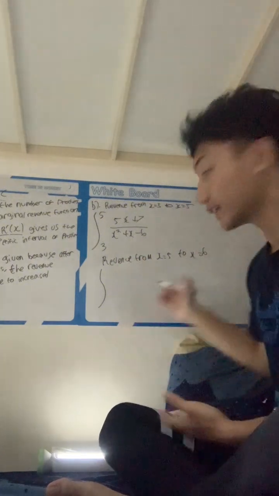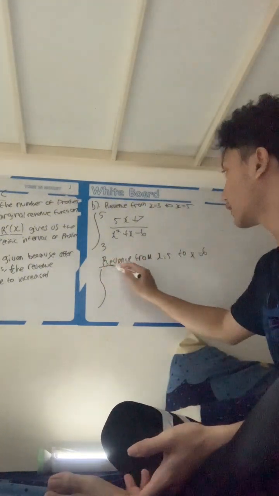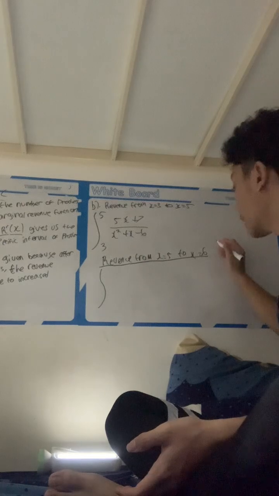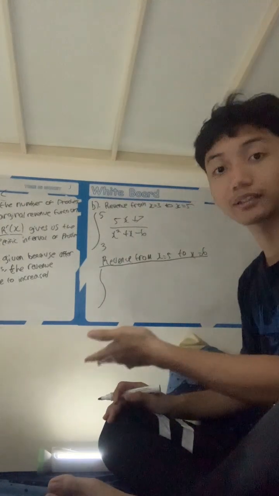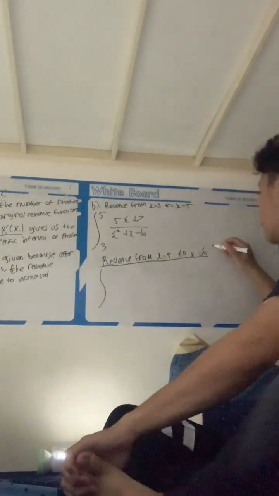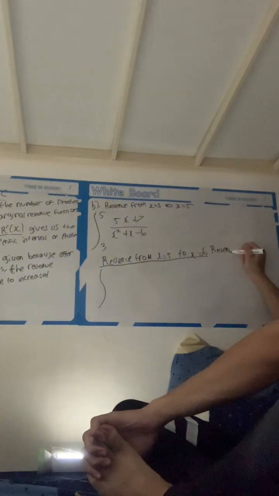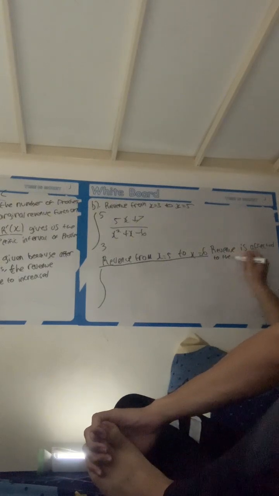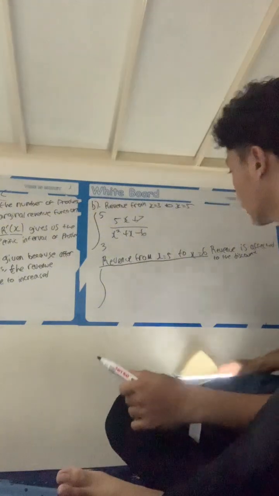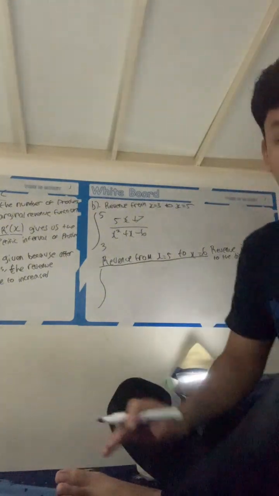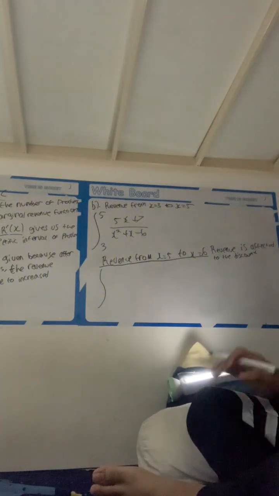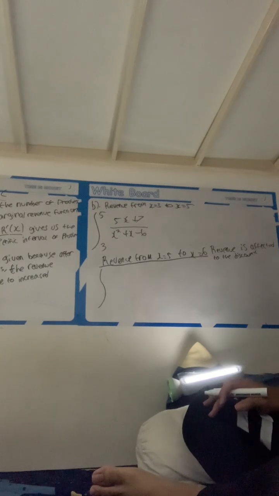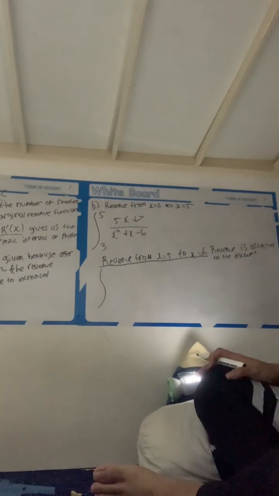But this particular question is affected by the discount. So how do we do this kind of question?